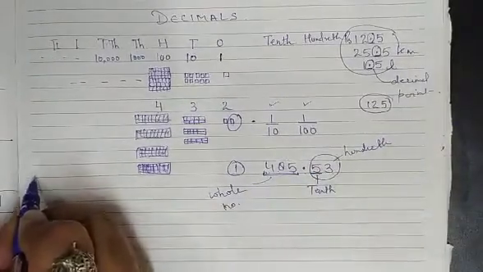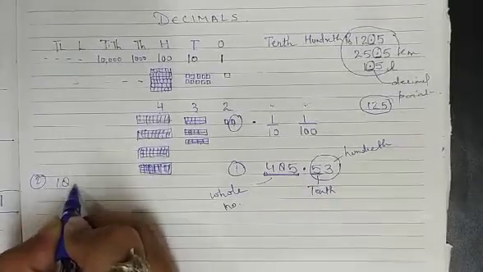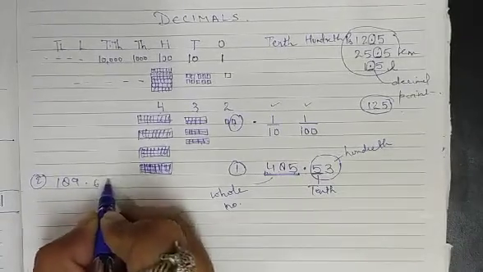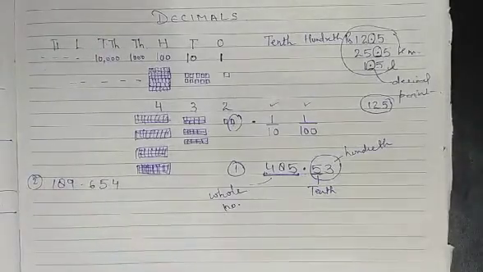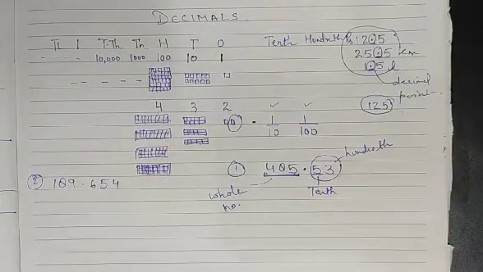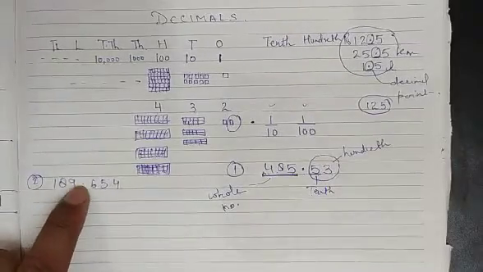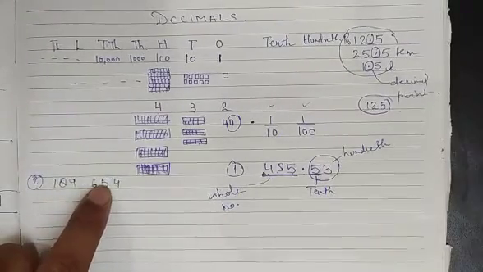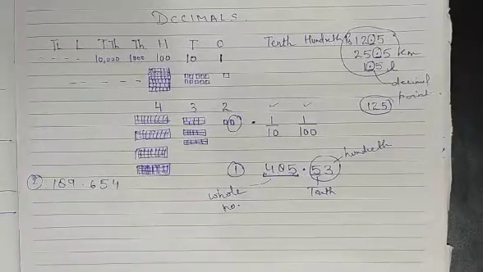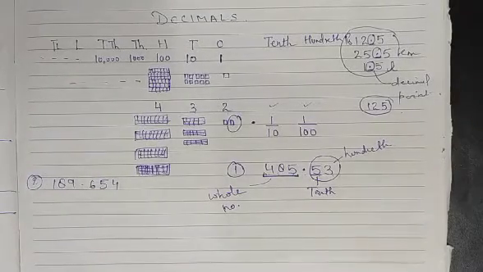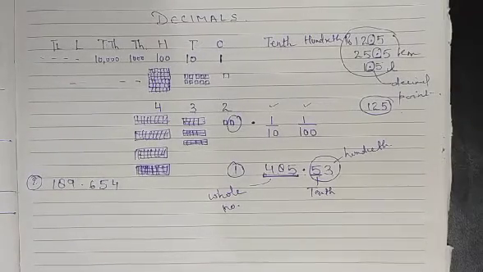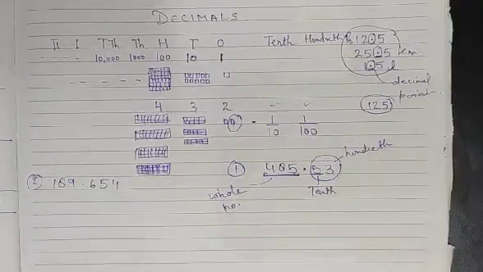If we take a second number, how are we going to read this number? 189.654. Clear? In this manner we are going to read it.